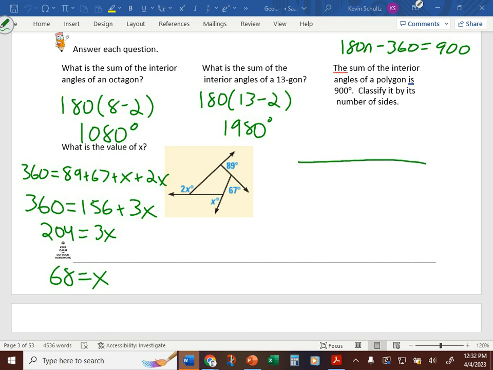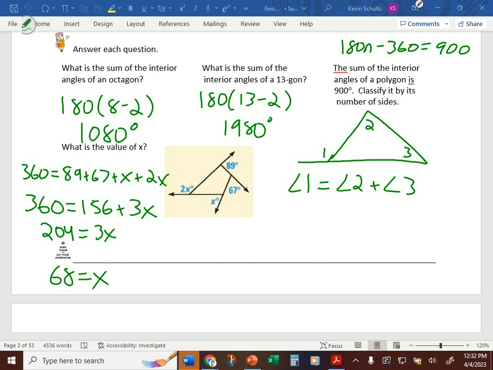So if you remember way back in PO17, when you have the exterior angle of a triangle, call this angle 1 and angle 2 and angle 3 here, we know that the measure of angle 1 is equal to the sum of the measure of angle 2 plus the measure of angle 3. That's what the exterior angle of a triangle tells us. The exterior angle of a polygon tells us that the sum of all those exterior angles will sum to be 360.